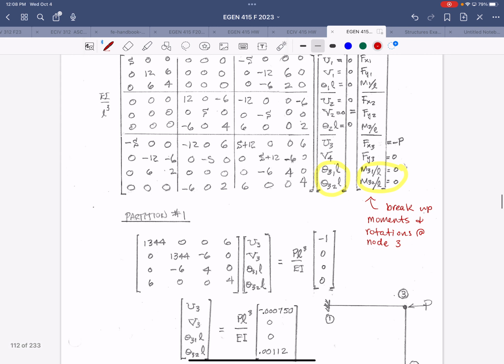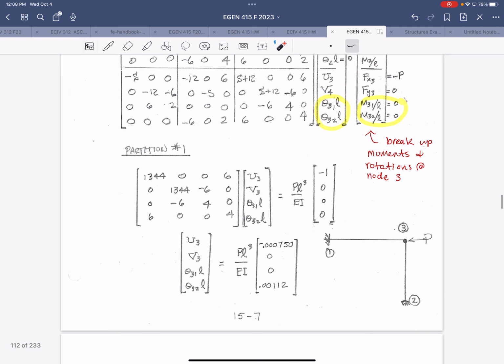So then our first partition will consist of the last 4 rows in this matrix. And we'll use that to solve for the unknown displacements at node 3.